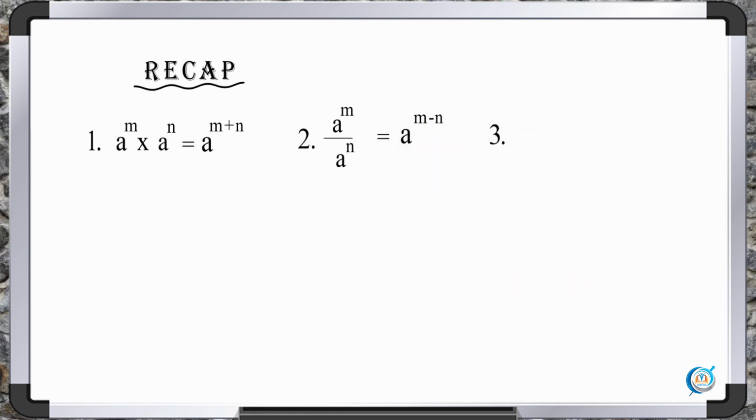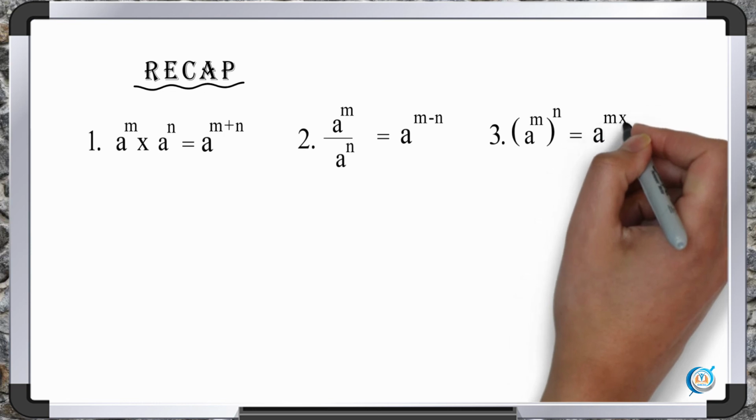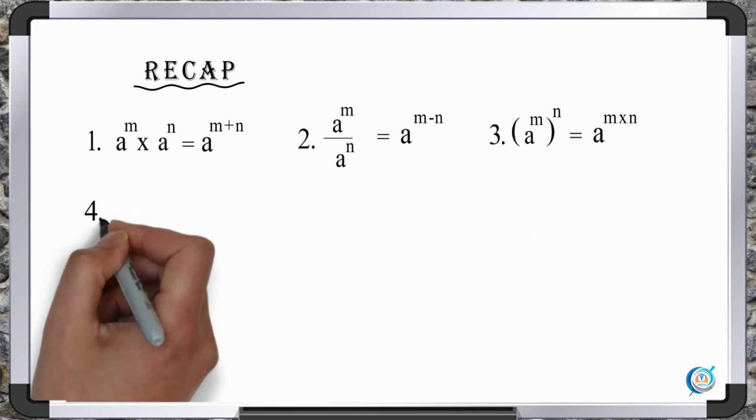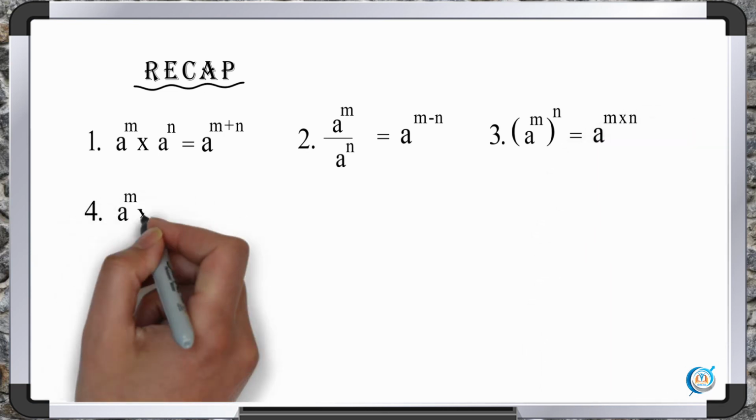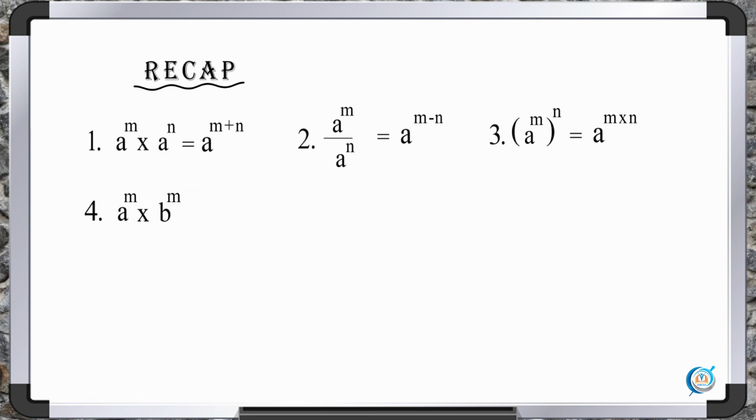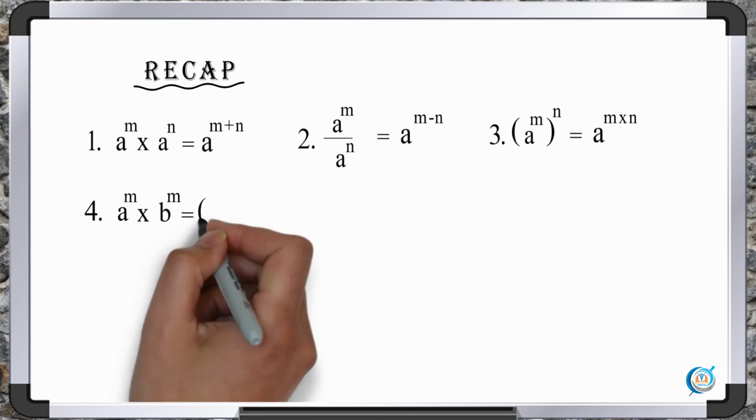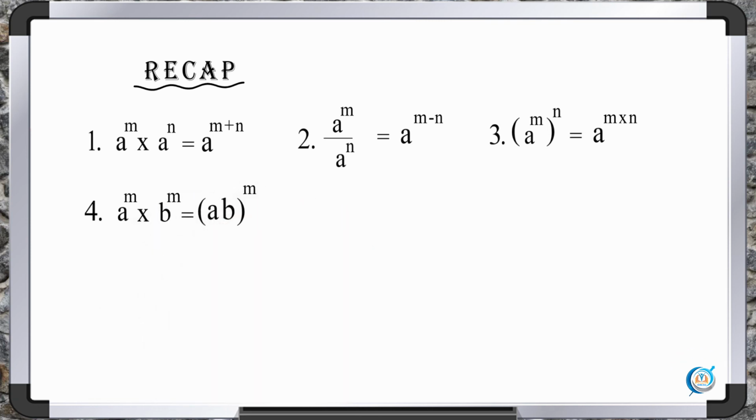Third property, (a power m) all power n is equal to a power m into n. Fourth one, a power m into b power m. Bases are different and powers are the same. So it will be equal to (a into b) power m.